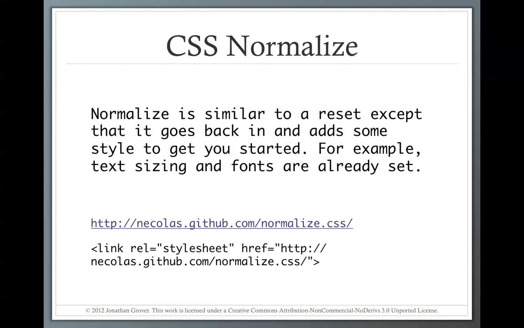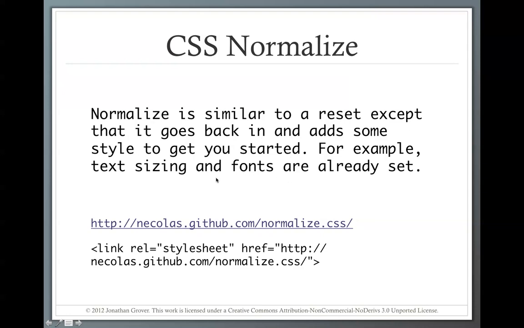Instead of using a traditional reset for our site project, the ZHW shoe site that we've been building, what we used was a normalize.css file. And you can see here's the link where you can go and grab the code for the normalize.css file. So normalize is similar to a reset, except that it goes back in and adds some style to get you started.